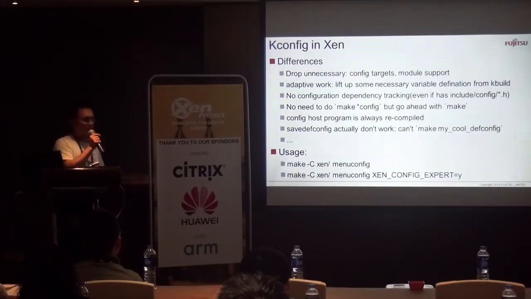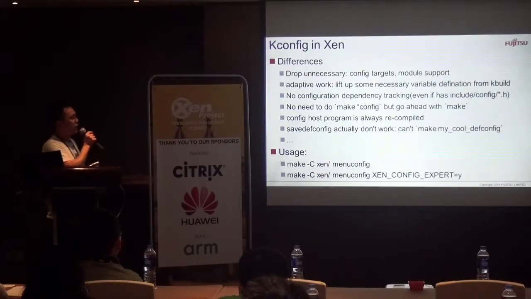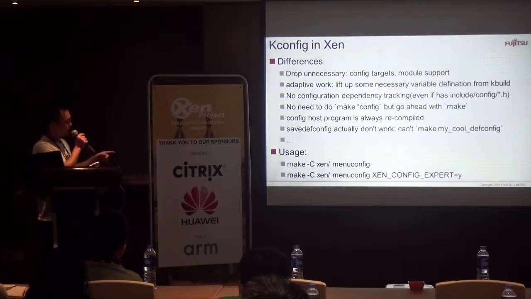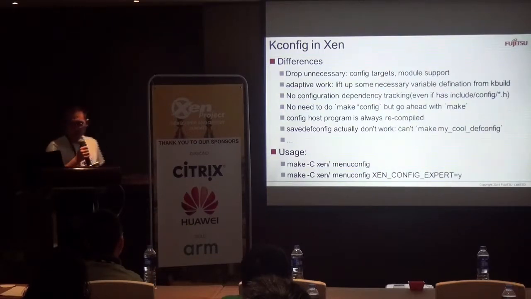As I tested Kconfig in Xen, I found the config host program is always recompiled. And the config target, savedefconfig, actually doesn't work. That means you can't name your config file.